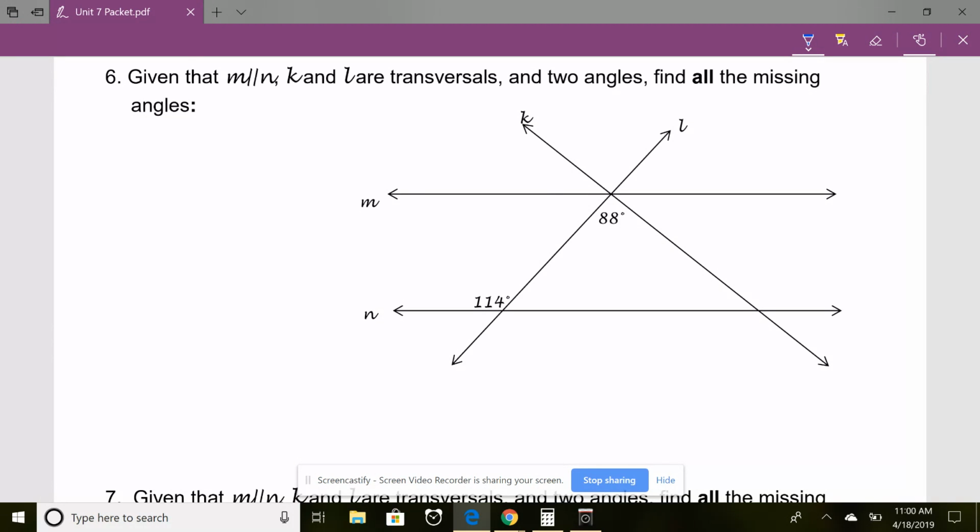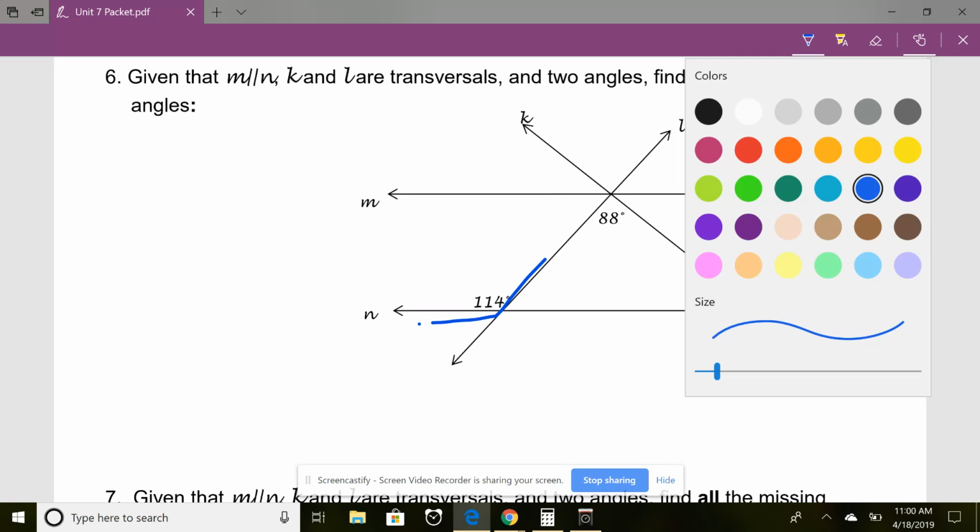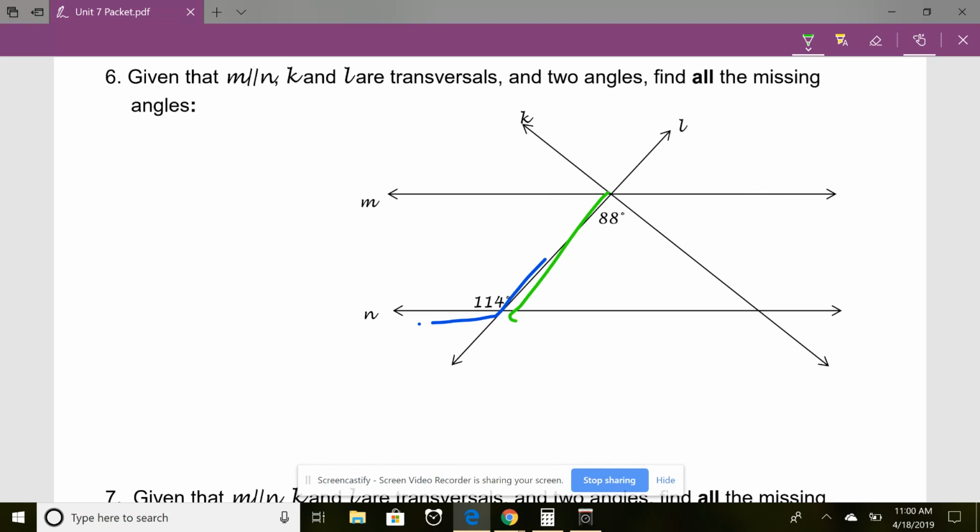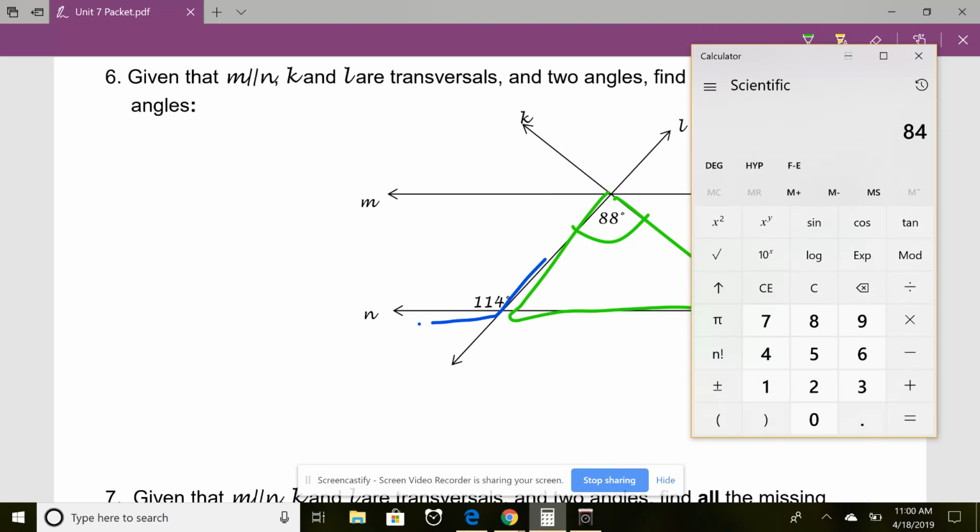We have an external angle right here, 114 degrees of this triangle. That means this angle right here and this angle right here are going to add up to 114 degrees. So I do 114 to figure out the other one. You have to cut out the 88.